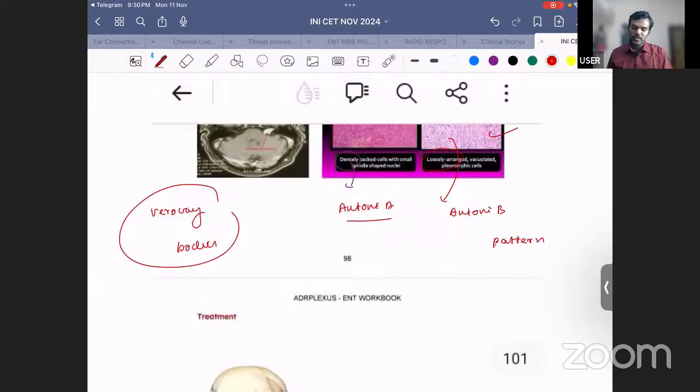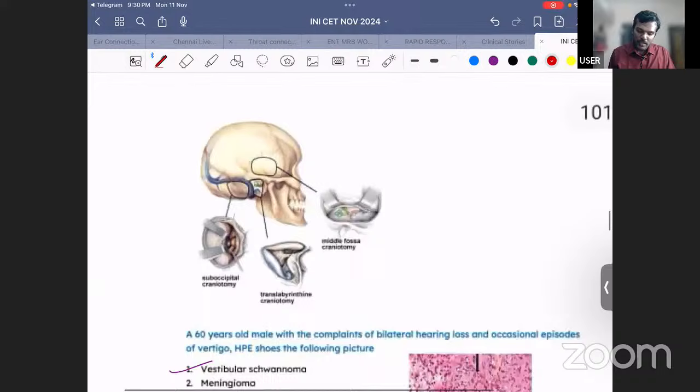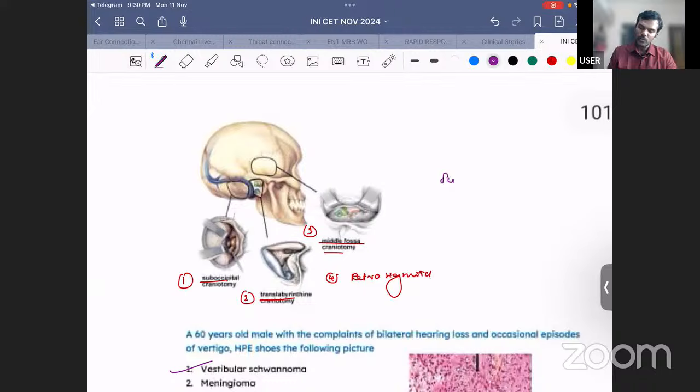The treatment is surgical, which can be done by suboccipital craniotomy, translabyrinthine approach, middle fossa craniotomy, or the retrosigmoid approach. Surgical treatment can be done if the tumor is more than 2.5 centimeters.